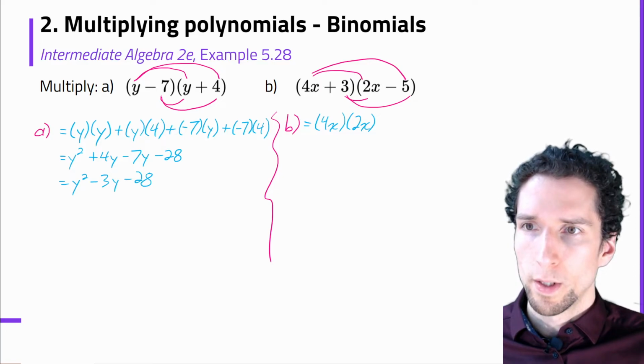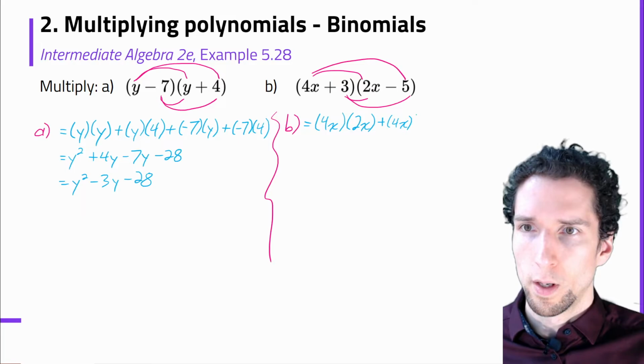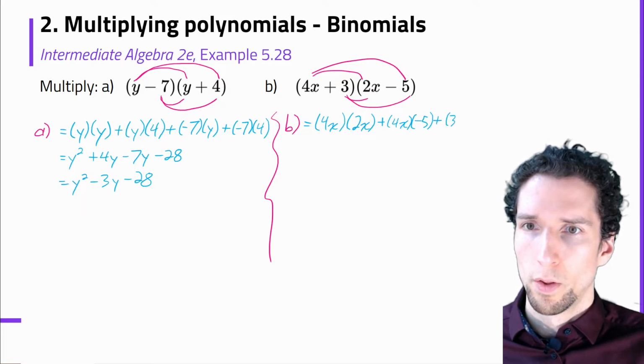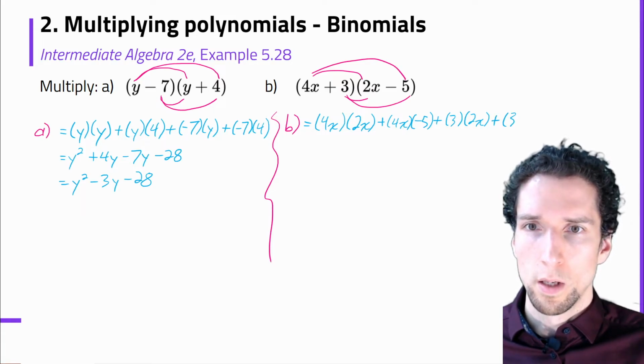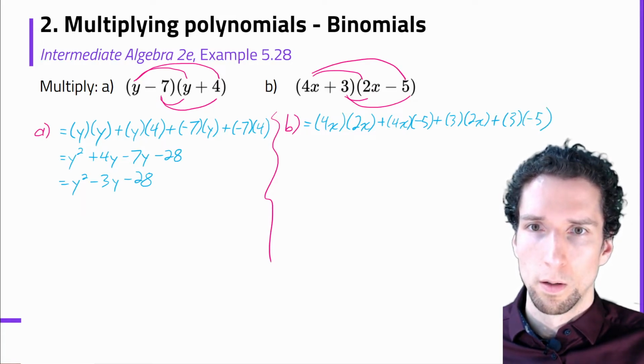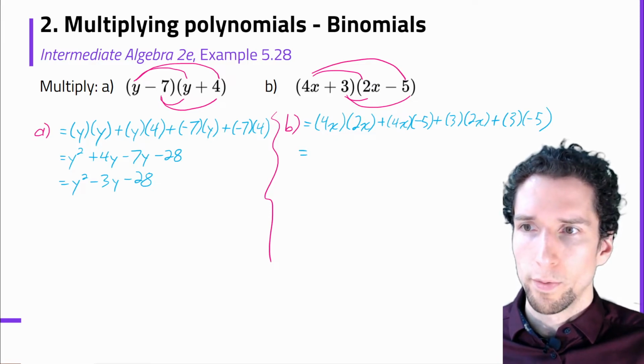4x times 2x plus 4x times -5 plus 3 times 2x and plus 3 times -5.